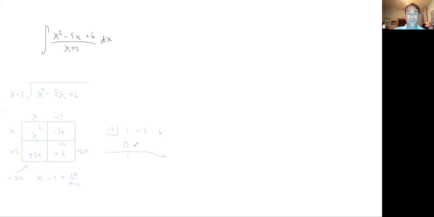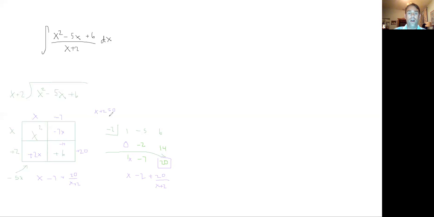So we got 1, negative 2, negative 7, 14, and 20. Remember, we always drop the 1, so that would have been 1x, or x minus 7. That's our remainder over here, plus 20 over x plus 2.